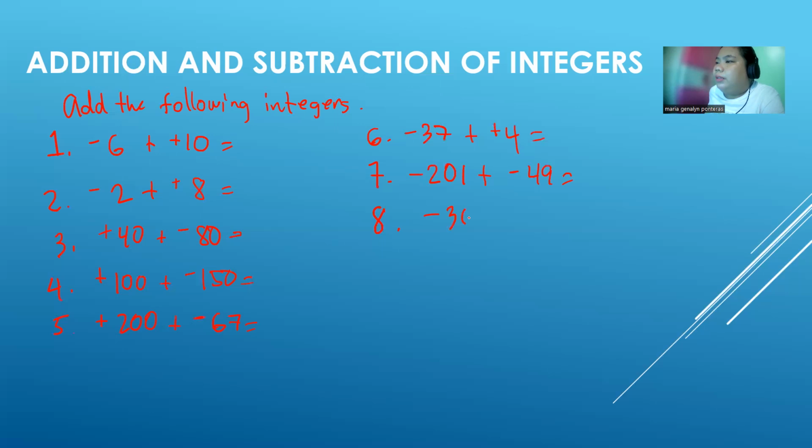Negative 301 plus negative 201. Positive 4, sorry, positive 408 plus positive 22. And number 10, negative 325 plus positive 67.